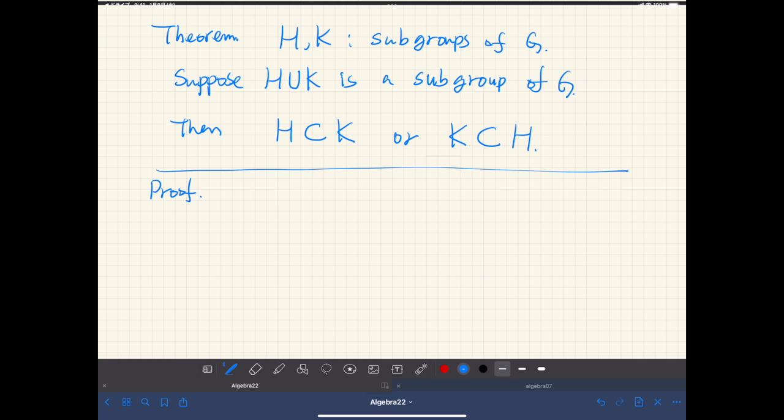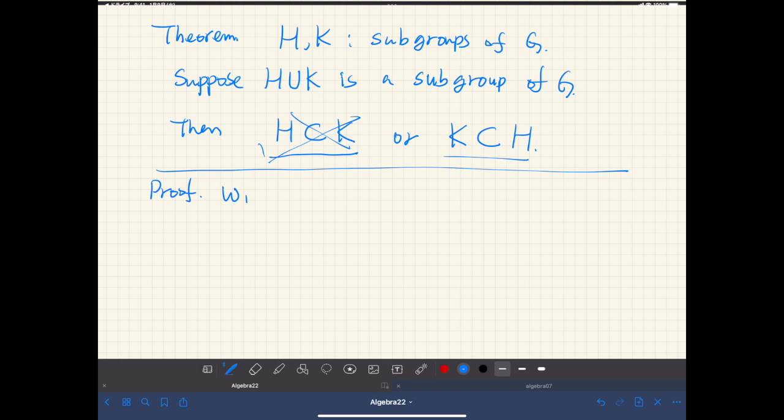Now we need to prove either this or this, but without loss of generality, we may assume this is not the case. If this is the case, then that's fine. We just swap the roles of K and H and do the same thing.